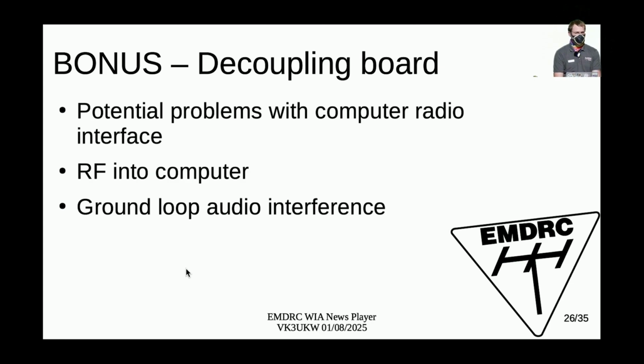Then you get some common mode current back into your radio, and then it goes back into your computer, and then your USB resets, and you do not get FT8 today.